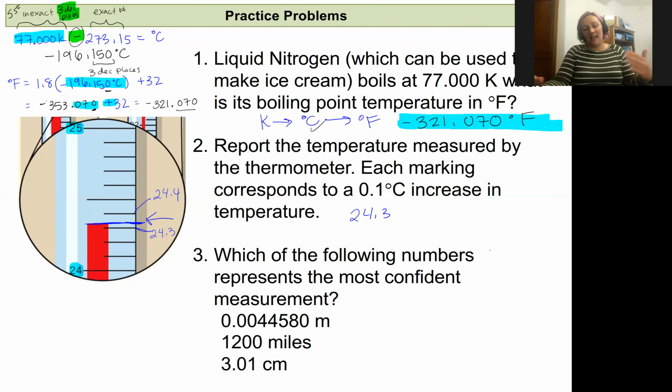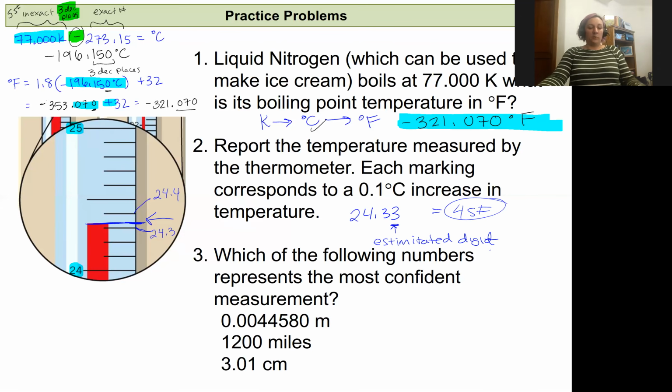I think it's kind of a third of the way. So I'm going to say 3. And so this is my estimated digit right here, this last 3. And you might have done a different one. But I would argue that if you did 24.39, you would be estimating incorrectly. But a 0.32, a 0.35, these are all fine. And this really represents 4 significant figures when I'm reporting this.